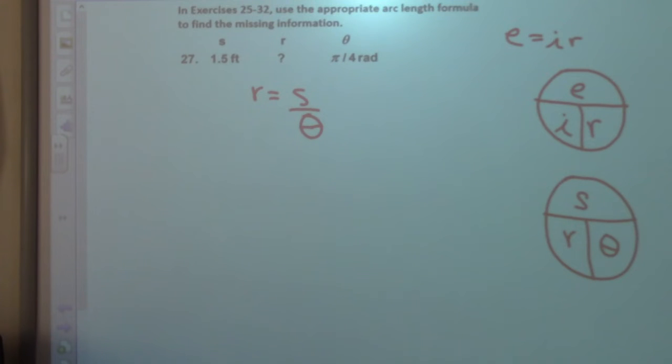Remember, what is E? These two numbers. Yeah.